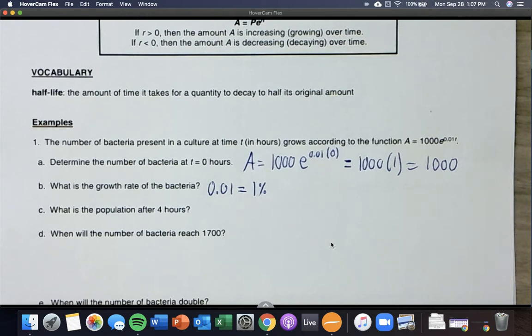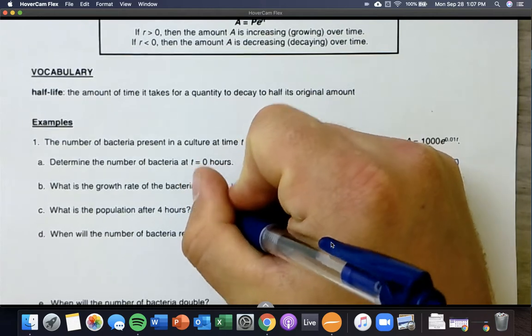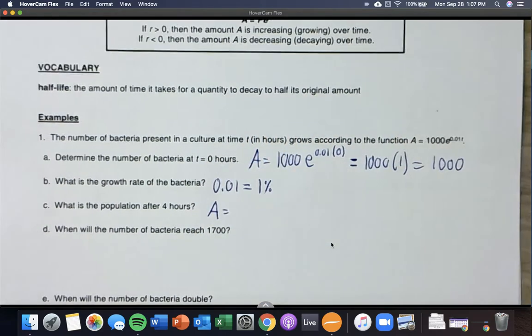What is the population after 4 hours? Well, it's asking what is the amount after 4 hours. That would mean t equals 4.